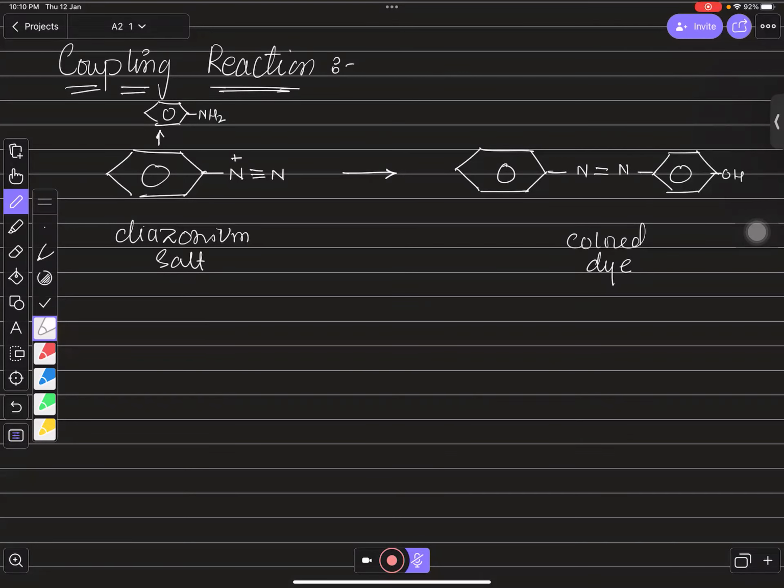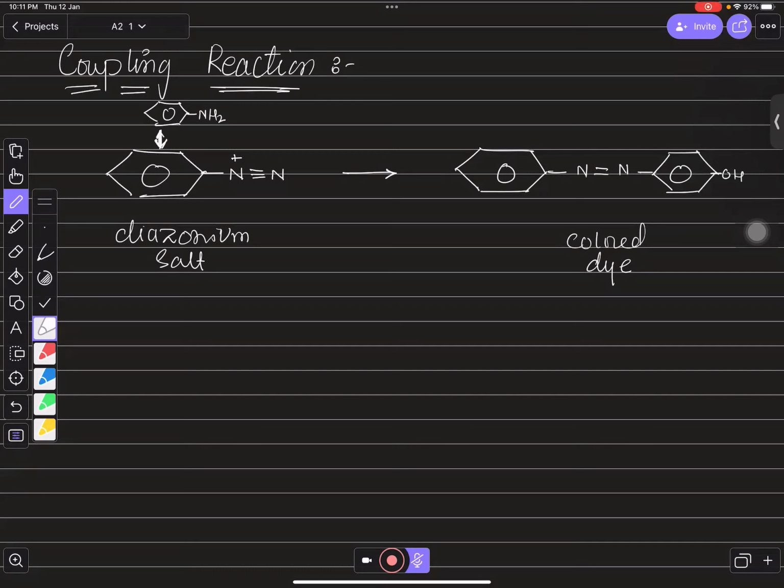This is the phenylamine, and we converted this into diazonium salt in the last class. And now I am telling you, bacho, that this diazonium salt can be converted into azodye, that is, into a colored dye, and then you can use this in industries for coloring purposes. You need to remember how we can do this.